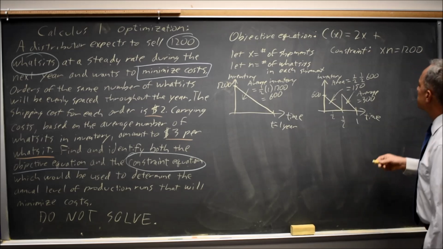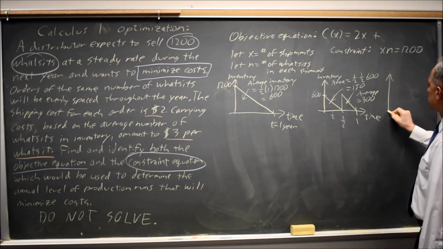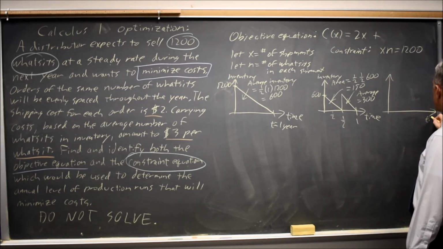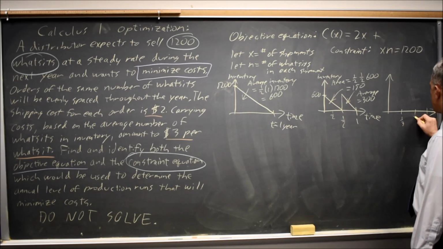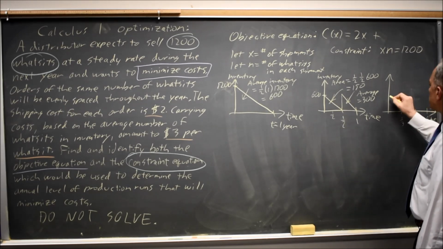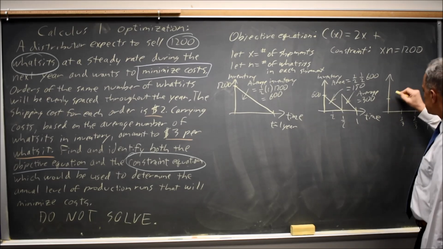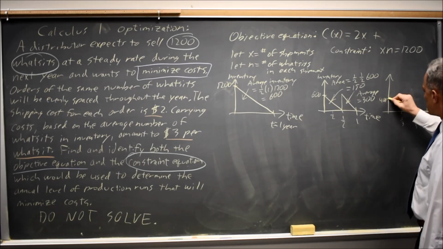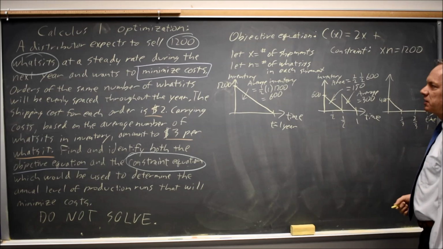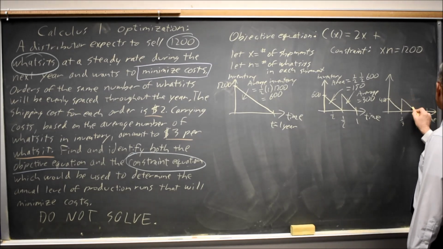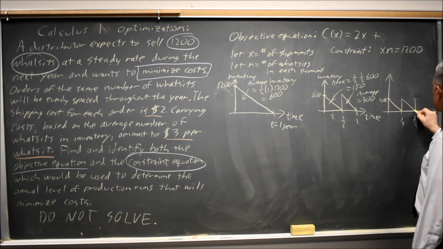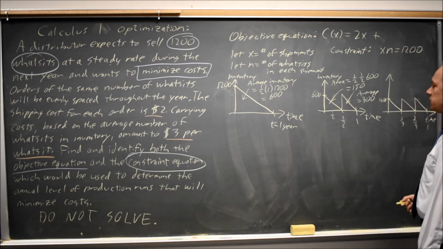And if I did 3 shipments, I would start with 400 whatsits, go down to 0 linearly because I'm selling at a constant rate, jump back up to 400 when the second shipment comes in, go to 0, third shipment comes in, and again I go to 0.